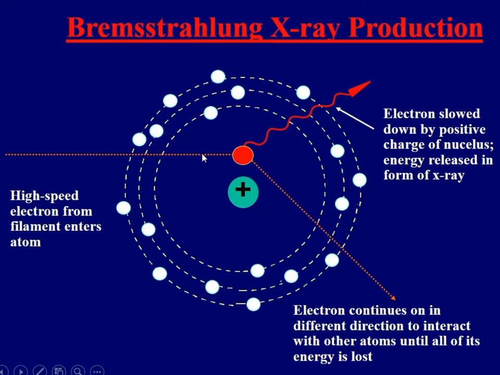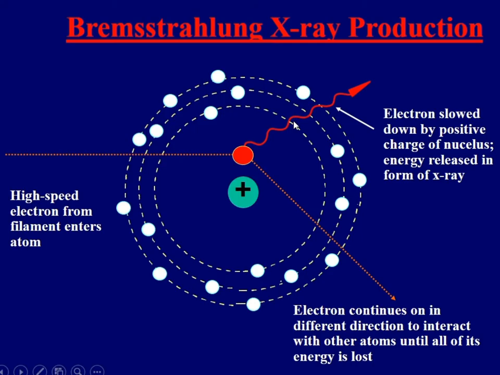Now what is Bremsstrahlung scattering here? This entire process, where the electron is scattered due to this nucleus, is called Bremsstrahlung scattering. The photon which is released due to the deacceleration of this electron is called Bremsstrahlung X-rays.